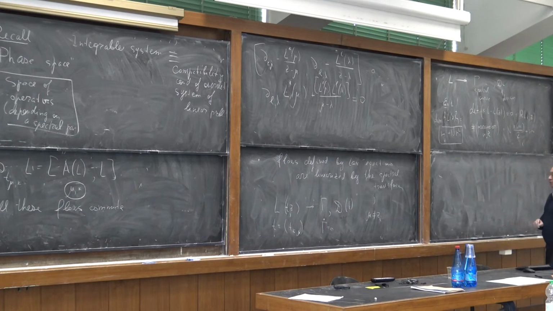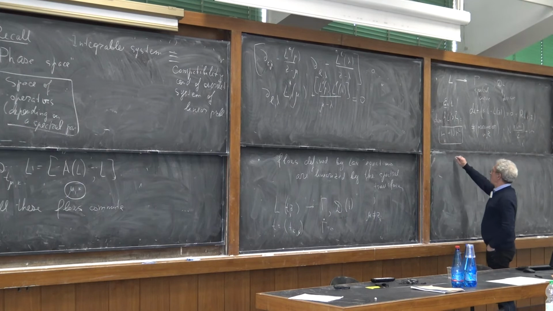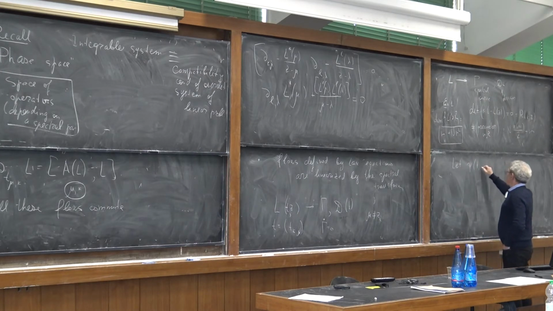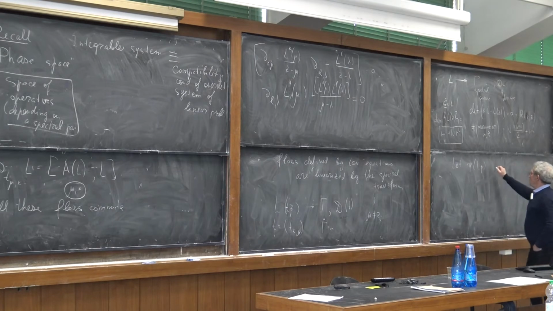Okay, so let psi of T, P be an eigenvector of L_T of Z. So P is a point of the spectral curve.